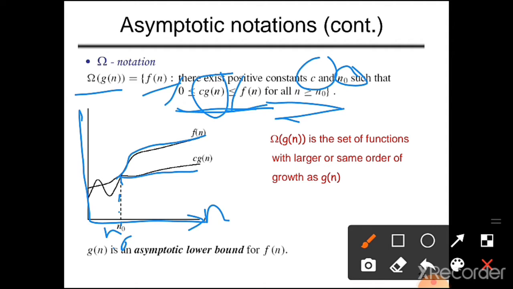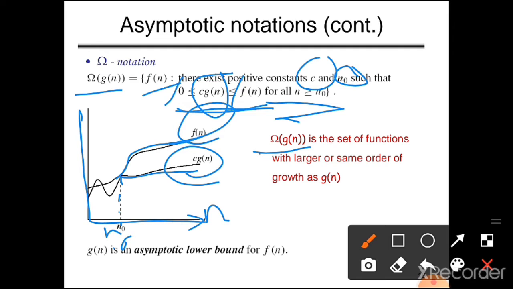So we can say that omega of g of n is a set of functions with a larger or same order of growth as g of n. Here c into g of n is less, and f of n is greater than or of the same order of growth as g of n.